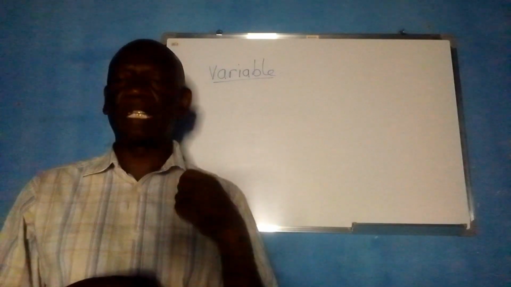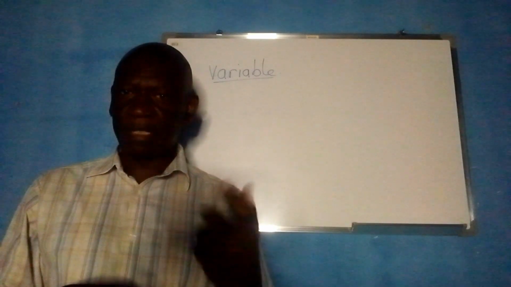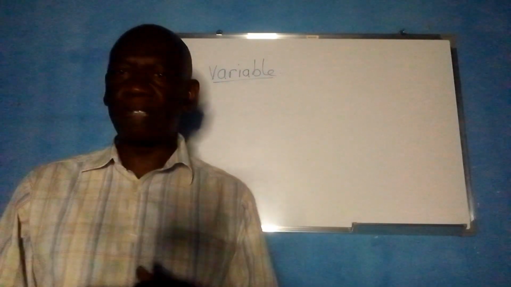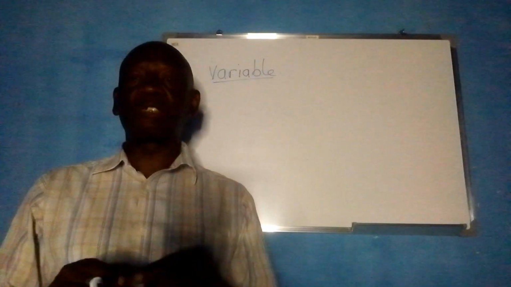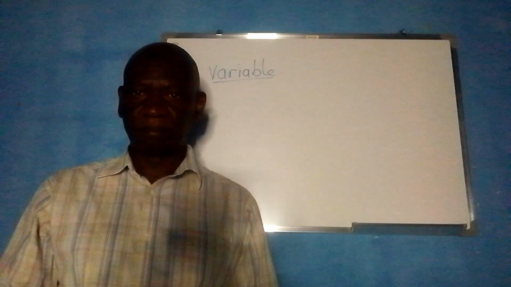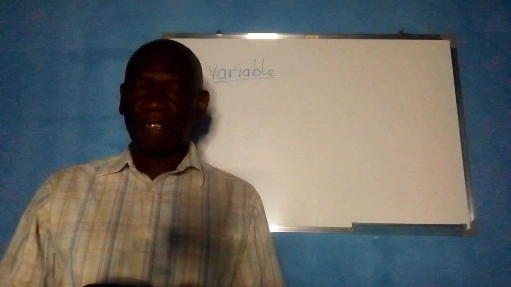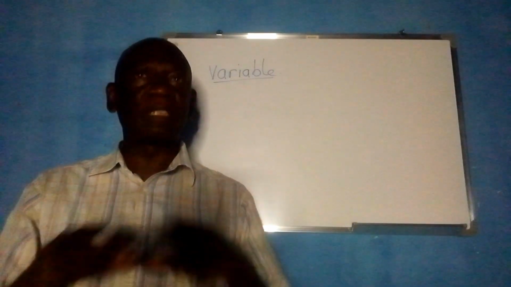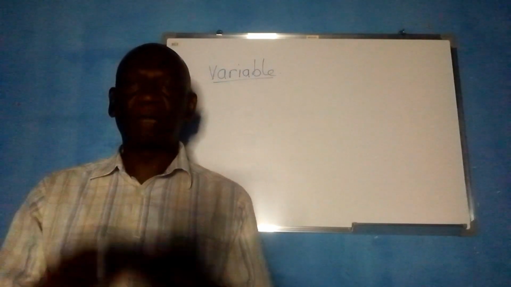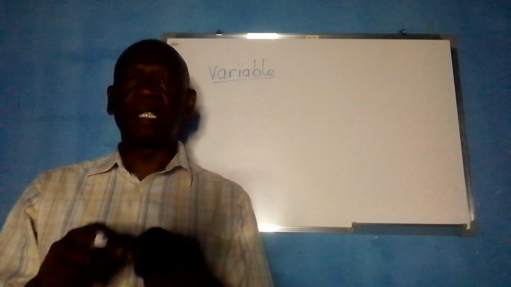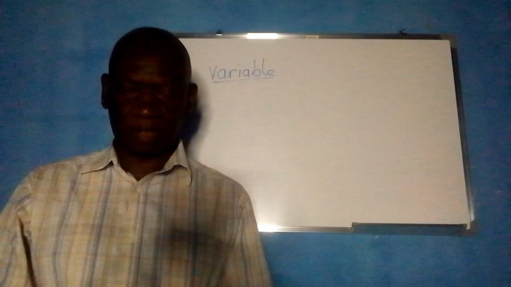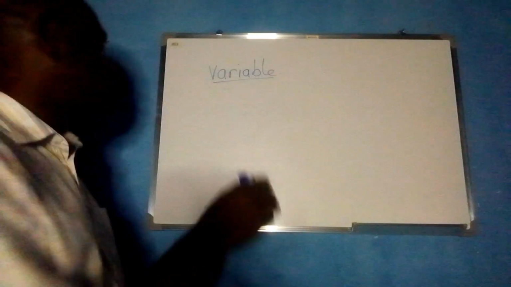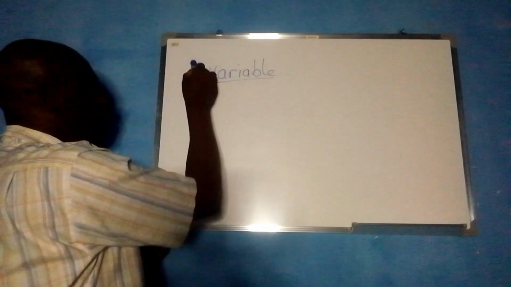For example, if I say my variable is x, I'm saying x can contain 2, x can contain 3, x can contain -5, x can contain anything. And that's why it is called a variable. So it does not mean that it will always contain that same number. No, it can contain any other number. So when I say in this situation, our variable is x, meaning x will be used to contain certain values. Okay? And so that is number 1.